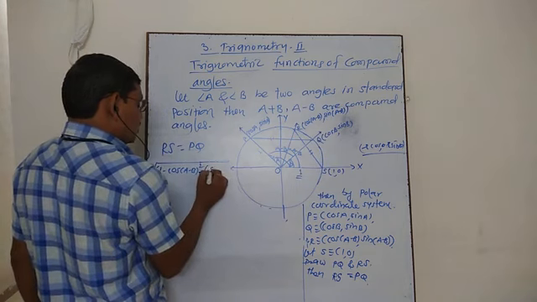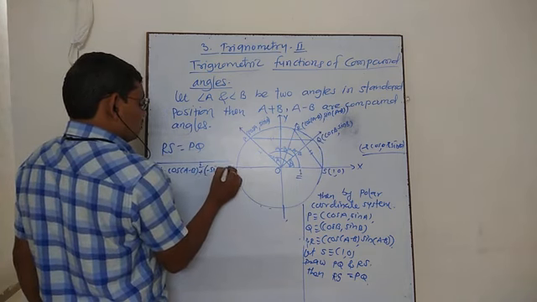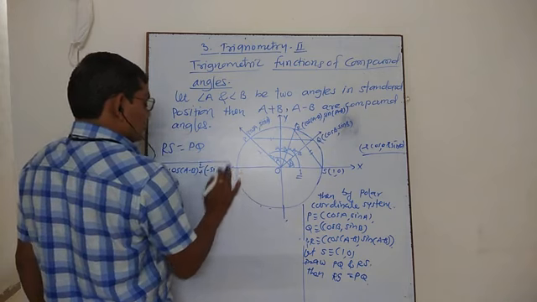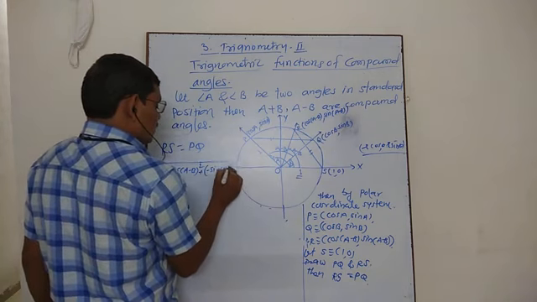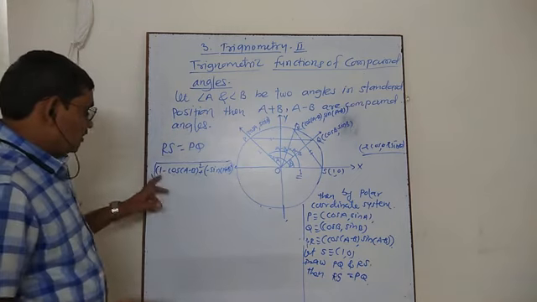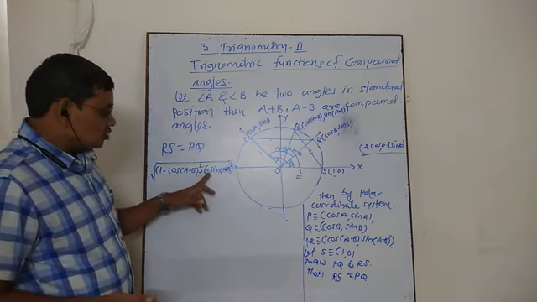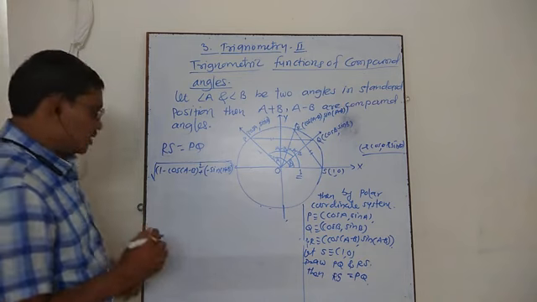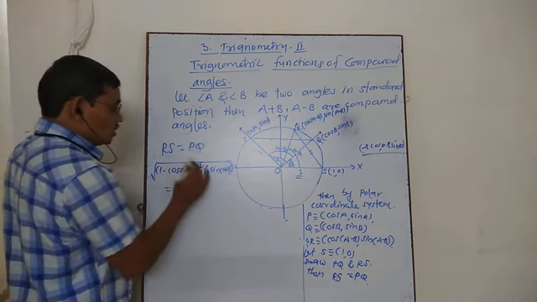So here we write minus sin A minus B square. So 1 minus cos A minus B square plus 0 minus sin A minus B square is equal to PQ.